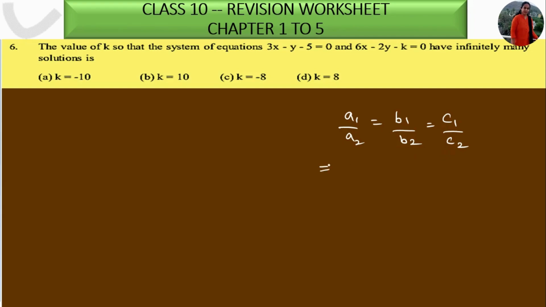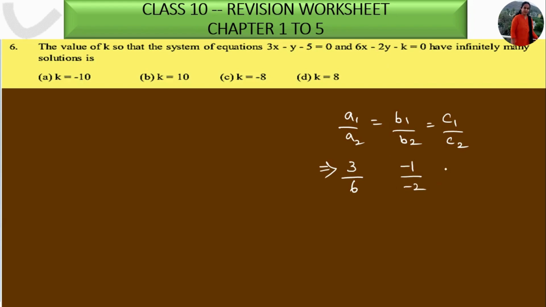So let us substitute this. What is the coefficient of x? Here it is 3. Coefficient of x in second equation, it is 3 by 6. What is B1 by B2? Coefficient of y. So what is the coefficient of y here? It is minus 1. So minus 1 divided by, so coefficient of y in the second equation, it is minus 2.